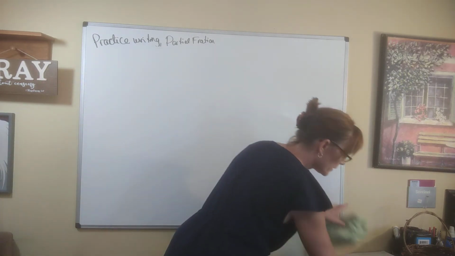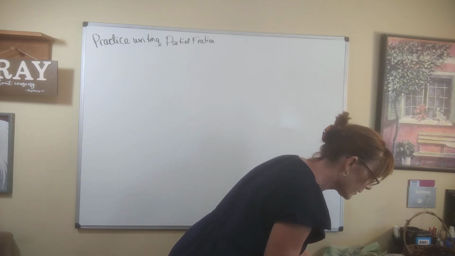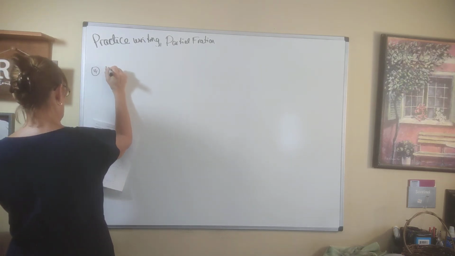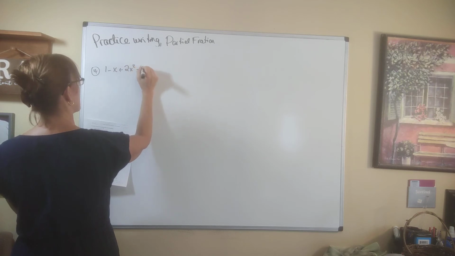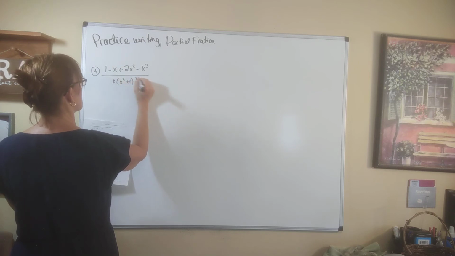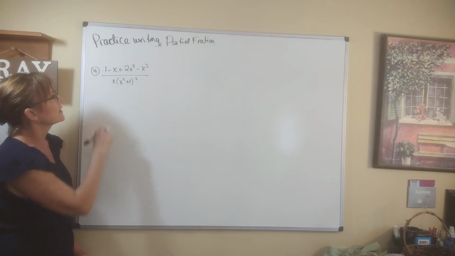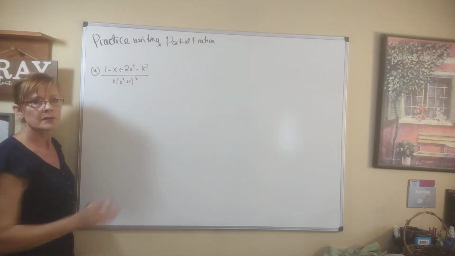All right, number 4. 1 minus x plus 2x squared minus x cubed all over x times x squared plus 1 squared. All right, it's factored. Good. The power of the denominator is 5, and that's more than that, so it's ready to be set up.